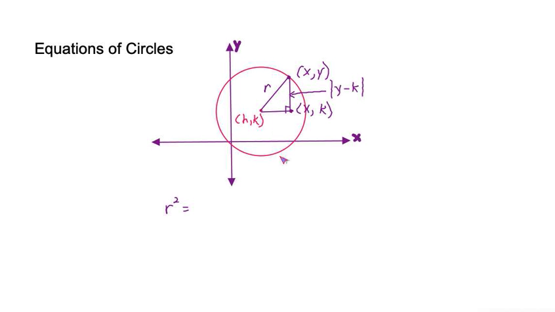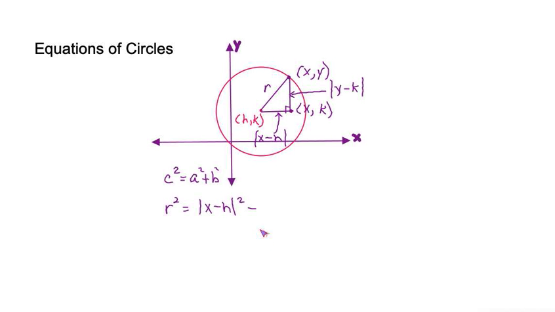Same thing here. What can we do here? Notice they have the same y coordinates, so to get that length, we can subtract the x coordinates, x minus h, and really it's the absolute value. But notice when we put x minus h, the absolute value of that, into the Pythagorean theorem, remember, c squared equals a squared plus b squared, I've got absolute value bars, but then I square it.